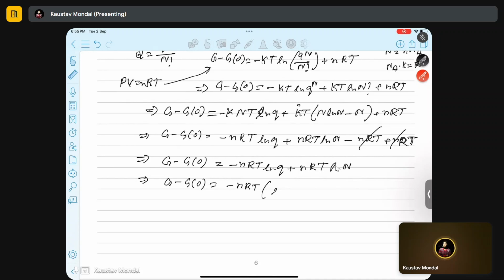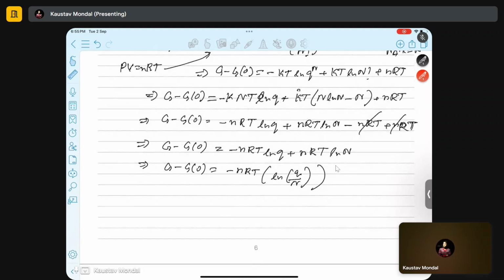Then you can write ln q by N. N will go to the denominator, so G minus G0 will get this. So this is basically the expression of Gibbs free energy, the change in Gibbs free energy in case of an ideal gas.